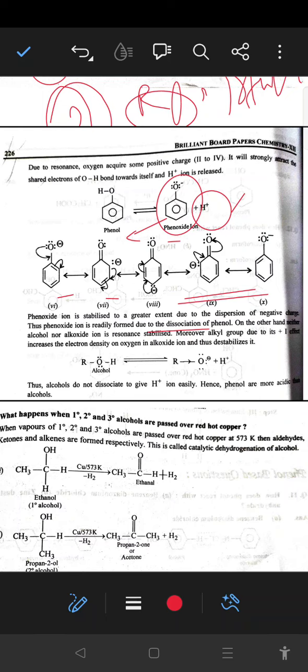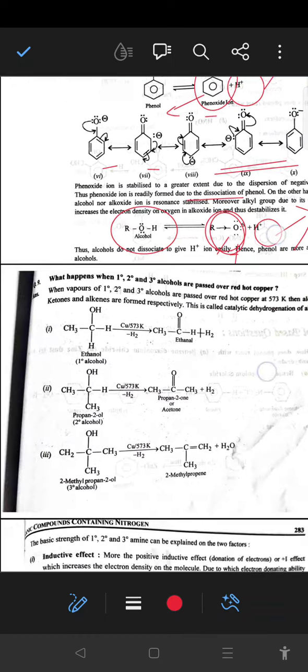On the other hand, in case of alcohol, it leads to formation of alkoxide ion and H positive ion. It will also give H positive ion, so it is acidic in nature. But the remaining product, alkoxide ion, does not show any resonating structure and does not show stability of the molecule, and hence it is less acidic than phenol.